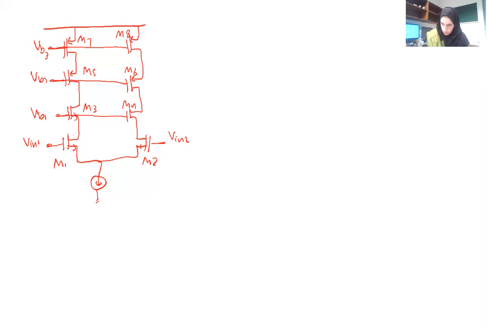This amplifier, we usually call it telescopic cascode. You know, it looks like a telescope. That's why it has the name of telescopic amplifier. So usually it's good for high gain, but it does not give us very large swing on the output.